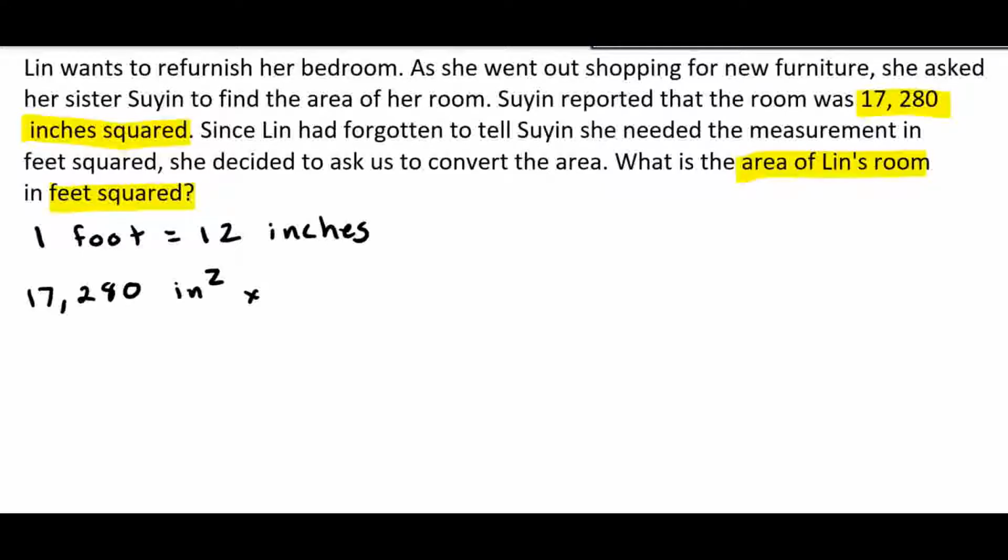Now we know that we need to get rid of the inches here so that it could be converted to feet. But I also know that we all see that the inches are squared and these inches are not squared. So to do this, we're going to first have to find the ratio of feet to inch, which lucky for us we have right here. And then we're going to have to convert that into feet squared over inches squared.